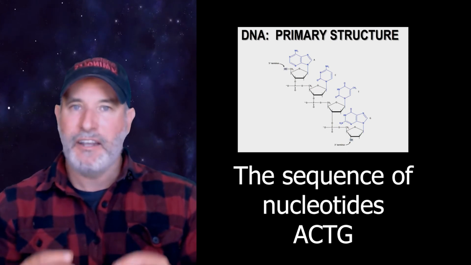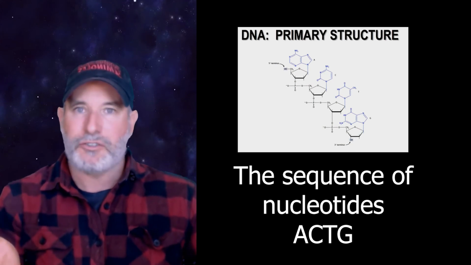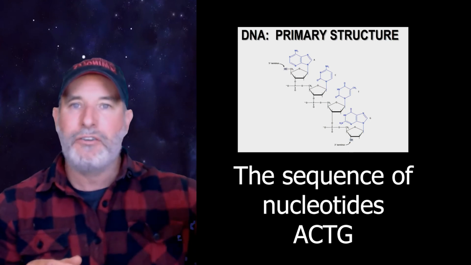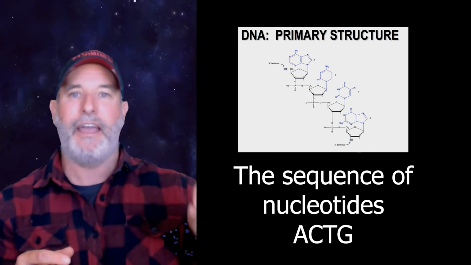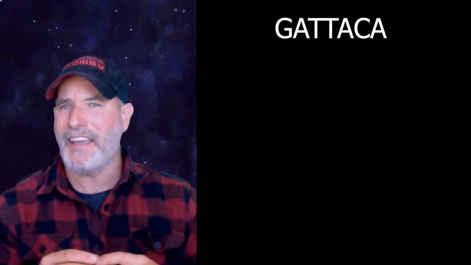One other connection I'd also like to make. Think about this. DNA has what is called a primary structure. Now, primary just means first, right? So the primary structure of DNA is just the sequence of the nucleotides, the sequence of A's, T's, G's, and C's, like G, A, T, T, A, C, A, Gattaca. It's a great movie from the 90s you should probably watch about genetic engineering.